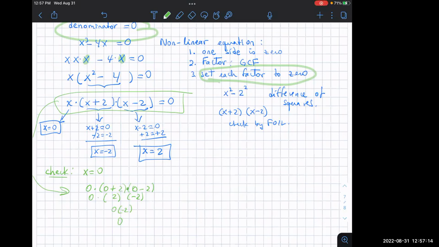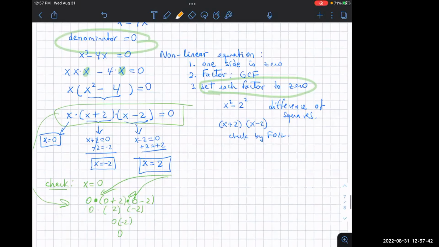And that only works if you have a multiplication. If one factor is 0, it doesn't matter what the other ones are, because whatever these are times 0 is going to be 0.